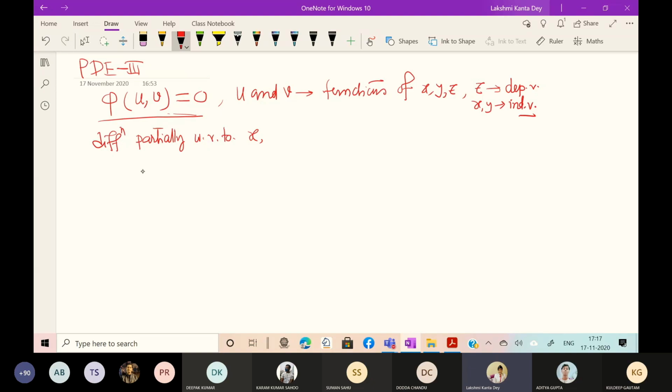What it will be is phi of u, because u and v are two independent variables, and phi is a function depending on two independent variables u and v, and at the same time u and v are functions of x, y, and z.